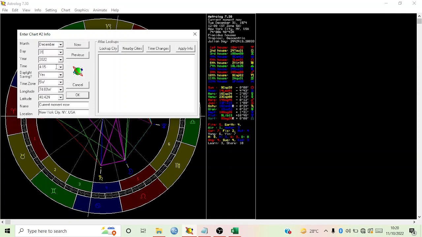Again, we'll leave the 2022, this year, current year, we'll put it at noon. Remember that the daylight settings are yes, but what we just need to do is go to location there. The default is already there, so highlight it and then look it up, click on it, and then apply, right? To change everything. Once we do this, we just simply click OK, right?